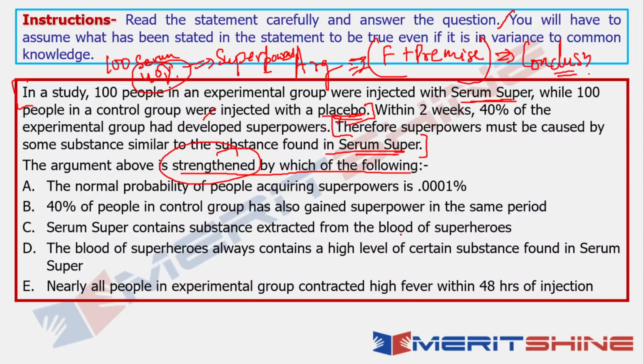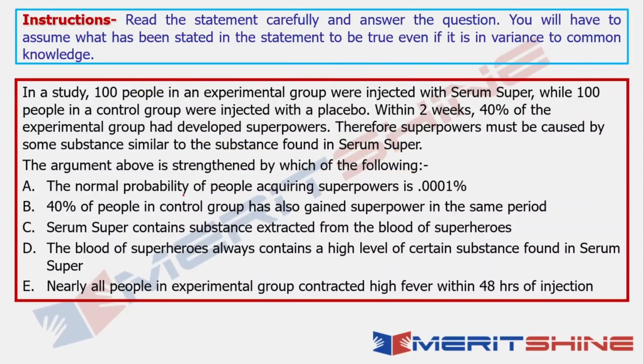Okay, so let's go through the options. Normal probability of people acquiring superpowers is 0.0001%. Okay, so this shows the very low incidence of people getting superpower. And here, after having serum super, we are having 40% of the group getting superpower.